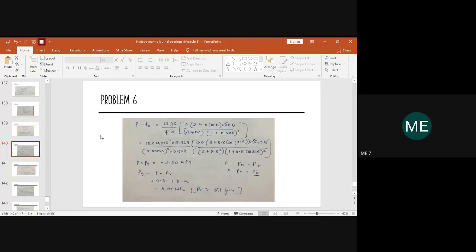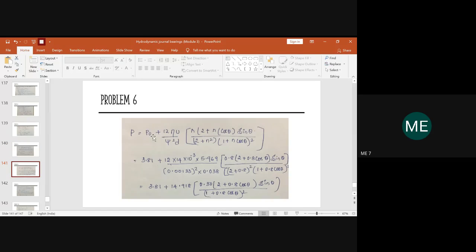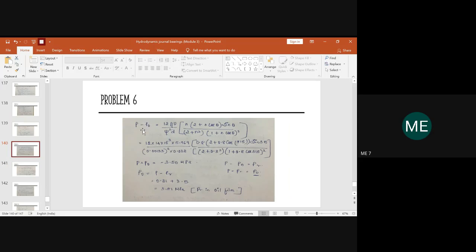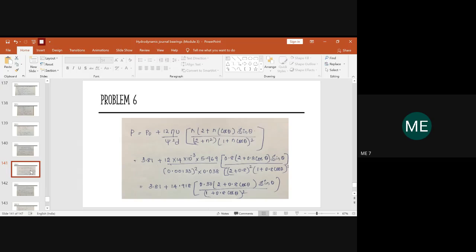The only difference is you take the P naught from the left hand side to the right hand side. Previously we were unaware of the value of P naught, but now we have determined its value. So now we can easily substitute the value here for P naught.